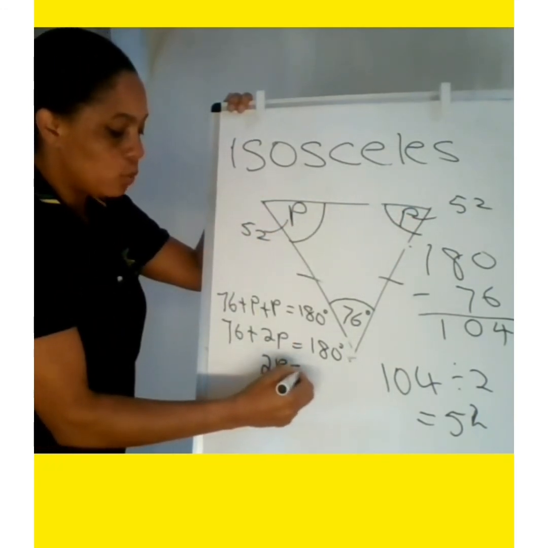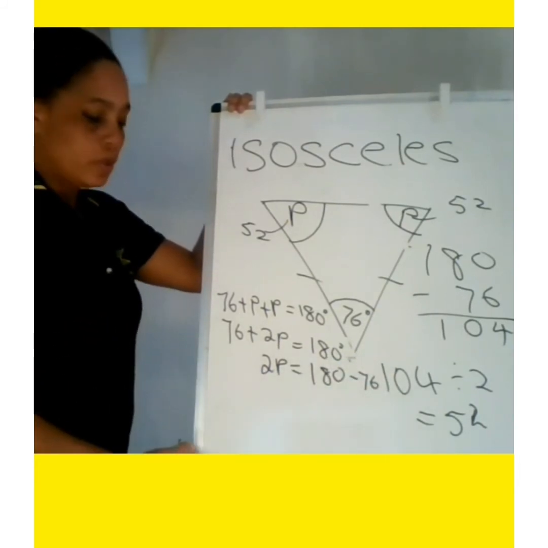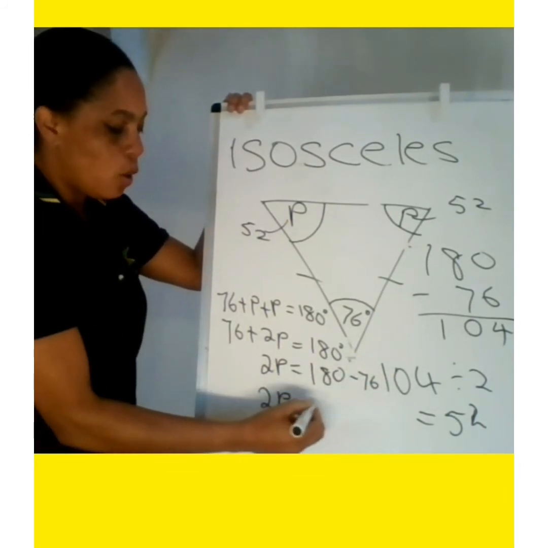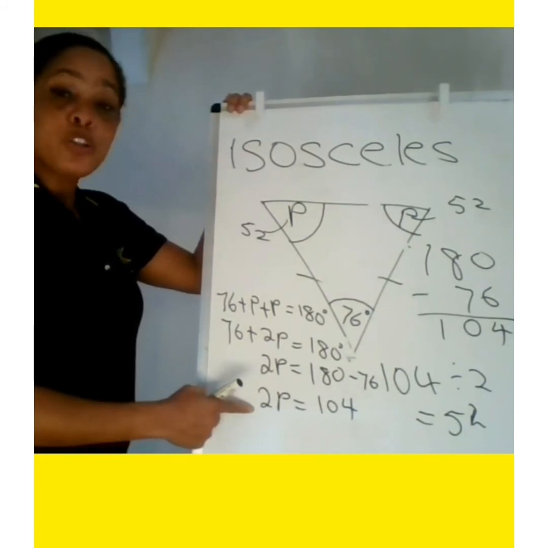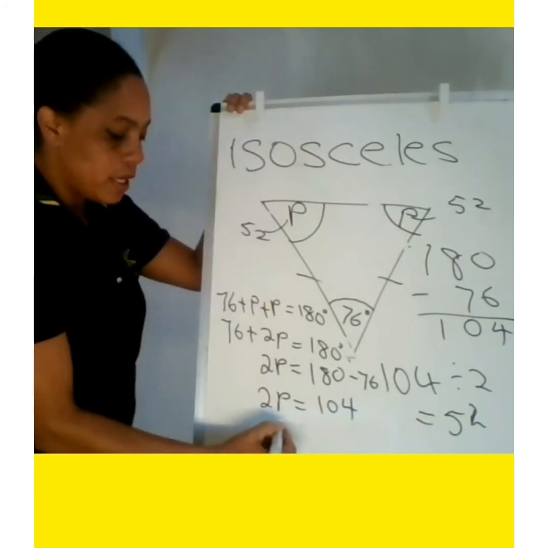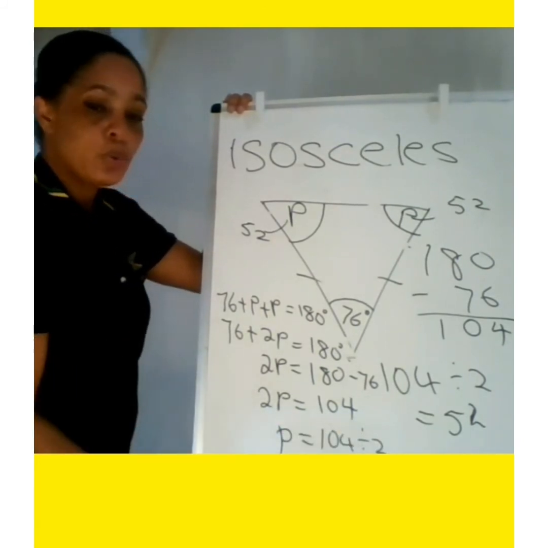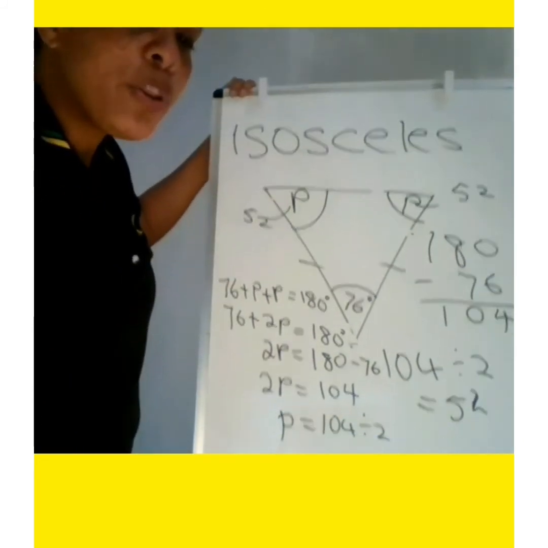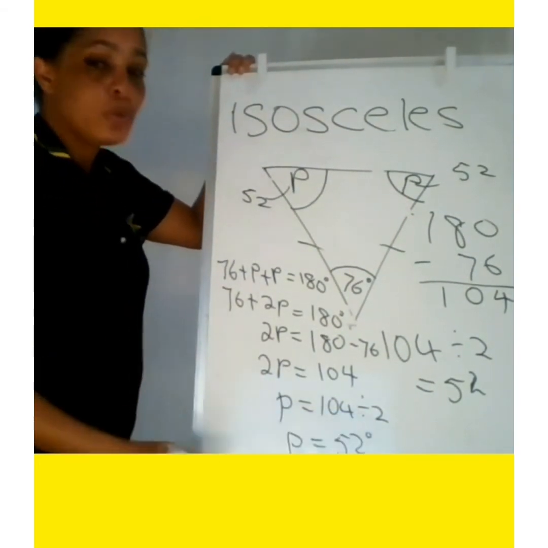So 2 P's would be 180 take away 76. So my two P's together would be 104. So if I want to find the value of one of the P's, it is now going to be 104 divided by 2. So now I know then, again, my P is going to be equal to 52 degrees.